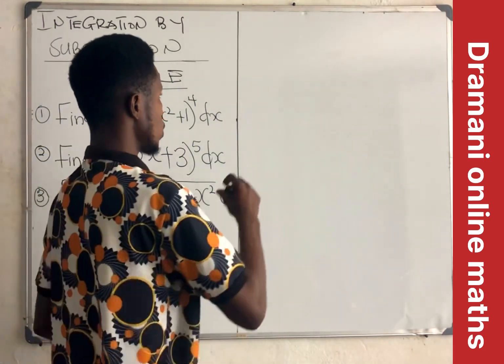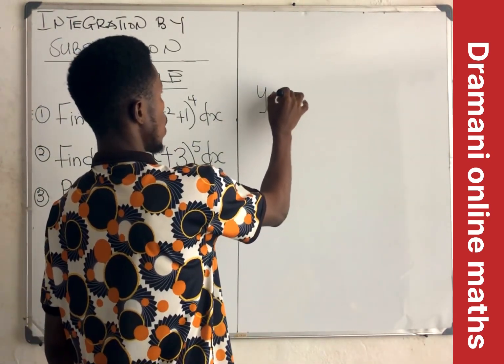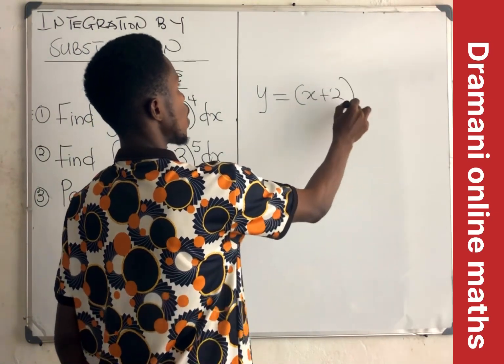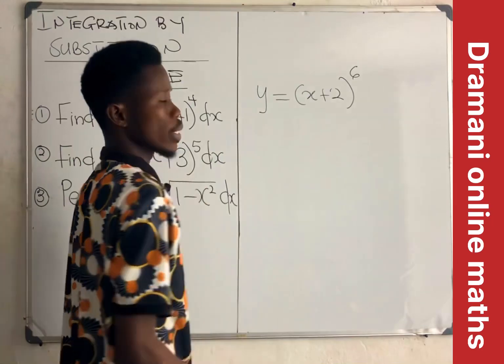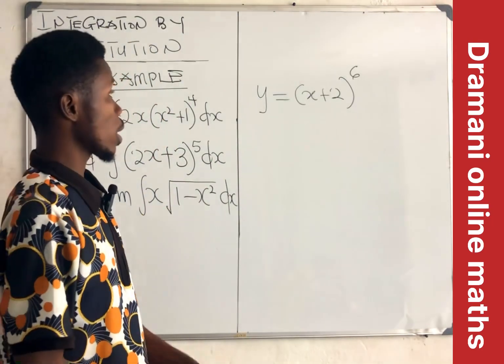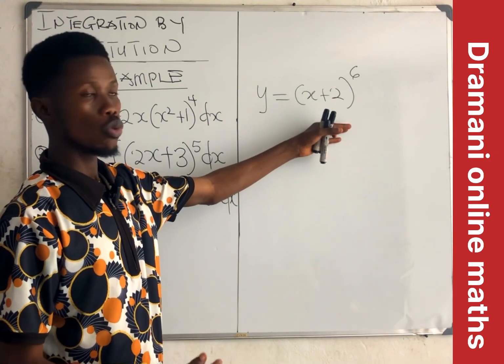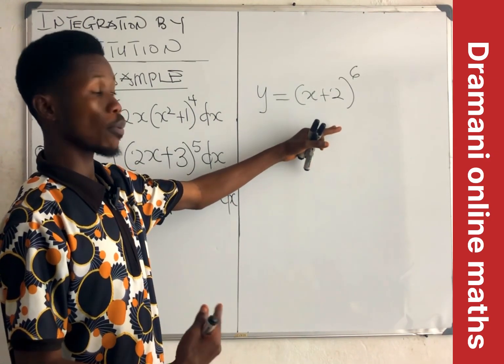The main reason why we did the chain rule was that, let's say I have (x + 2) to the power 6 and you are to differentiate, you cannot expand this one. You need to use the approach of the chain rule.